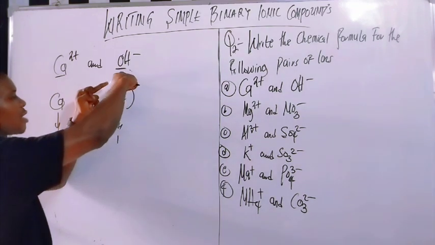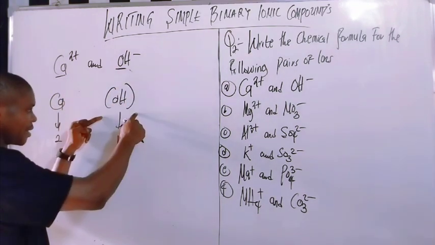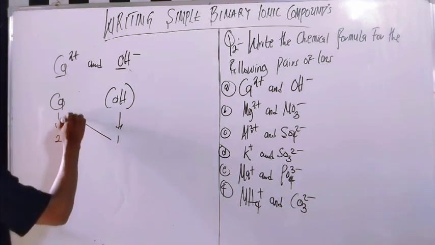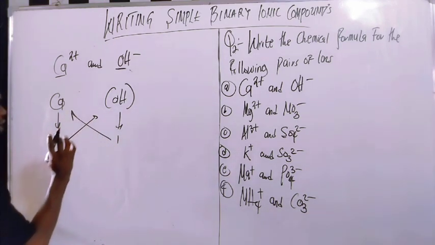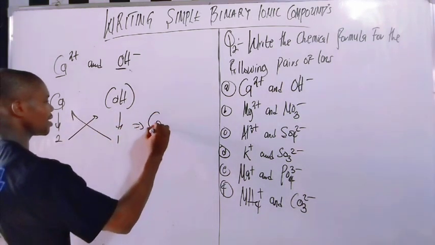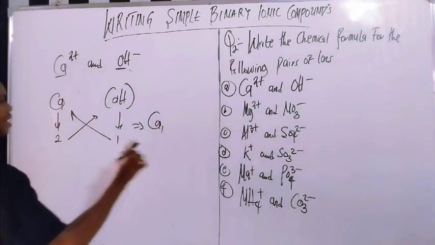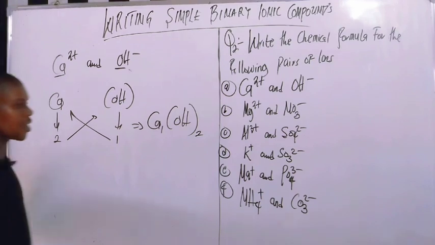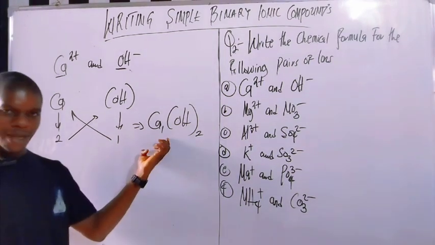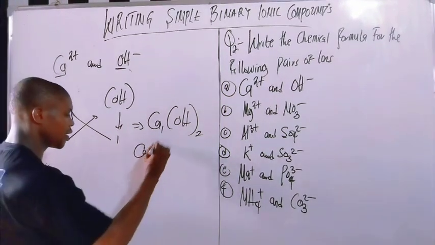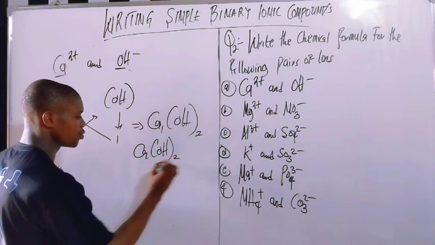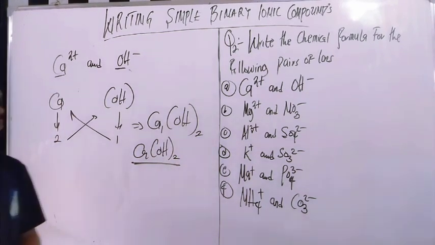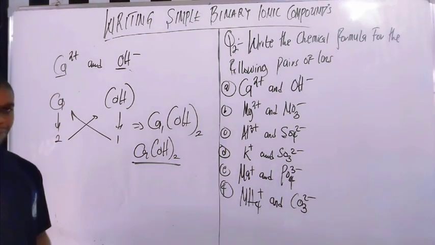So the polyatomic ions must be in brackets. So this guy will move here, and this guy will move here. What are you going to get? It's now going to be Ca1. Remember, this is already in brackets. It's now going to be OH, which is 2. Can you see that? Now they don't put the 1 here, so it's going to be Ca(OH)2, calcium hydroxide. That is the name.